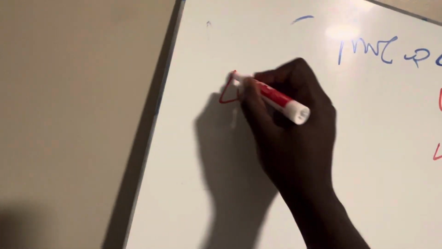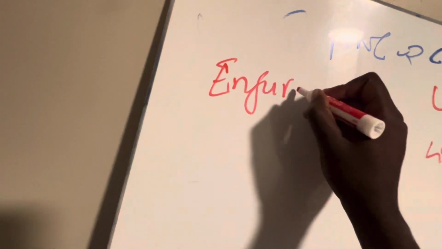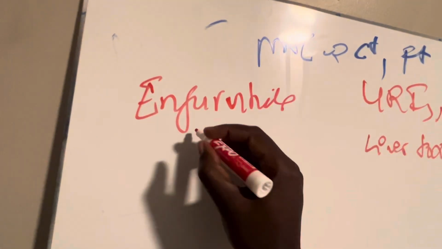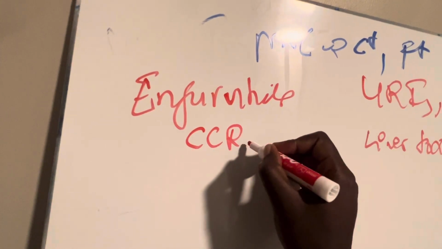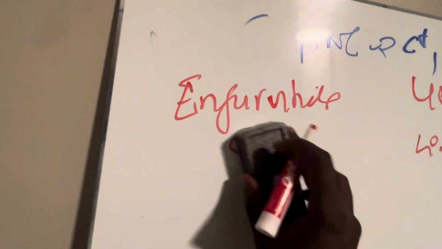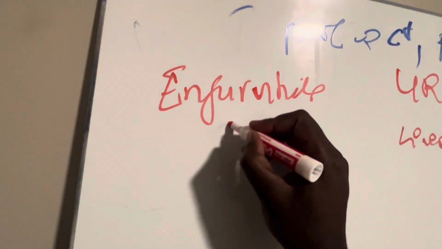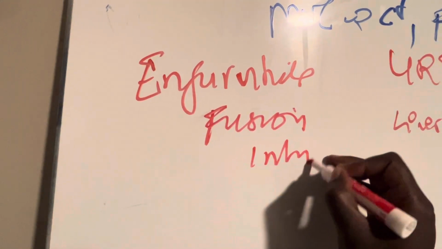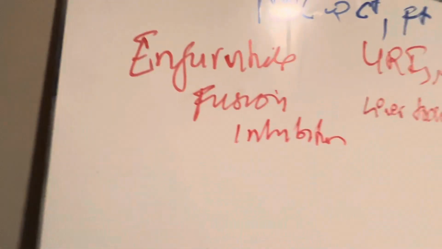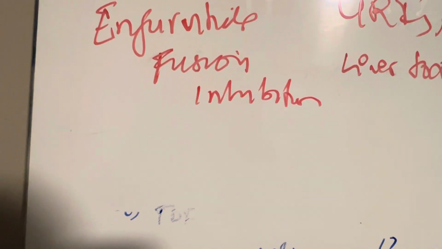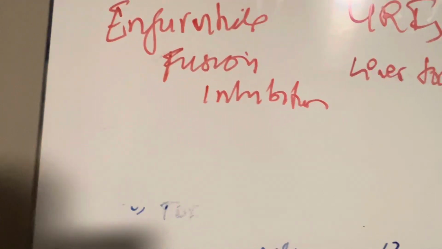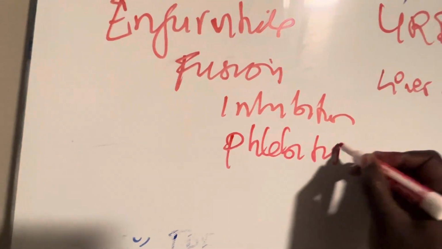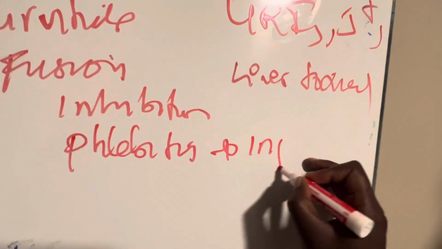Enfuvirtide. So this is basically CCR5. Excuse me, no, this is a fusion inhibitor. This can cause phlebitis reaction, which is an injection site reaction.